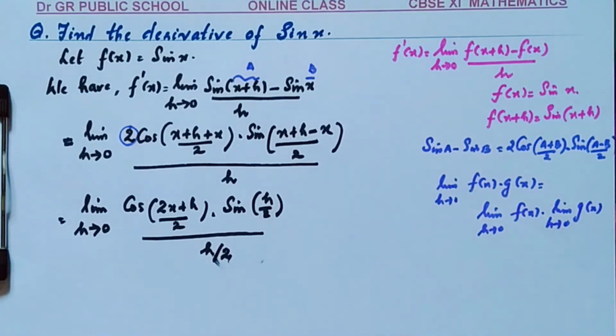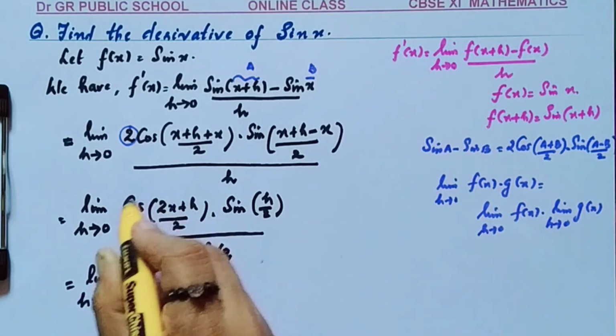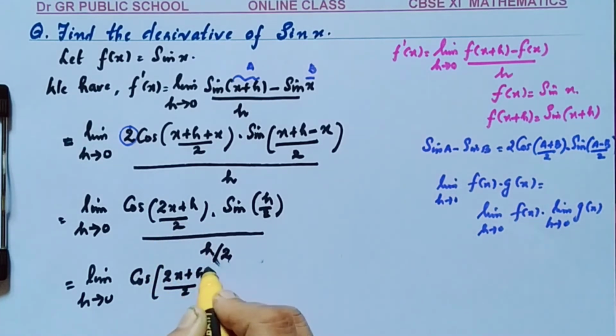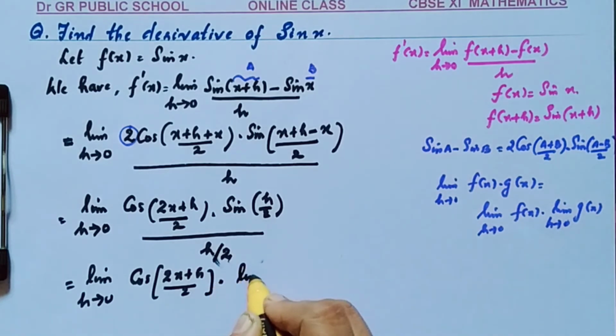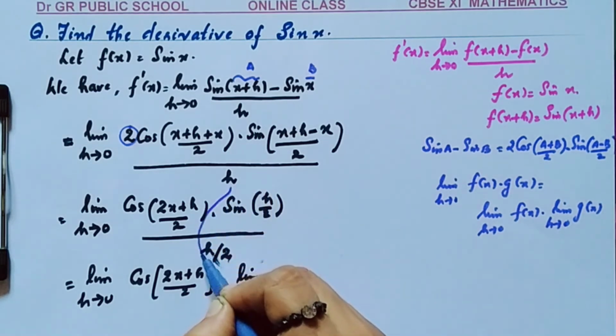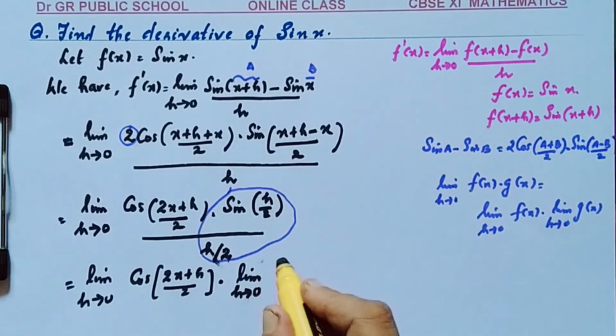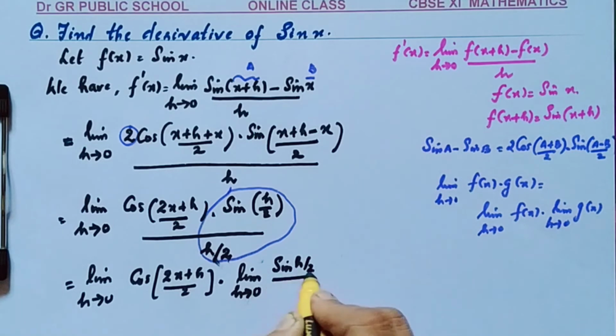So in the same way, I am going to separate this as limit h tends to 0 cos 2x plus h by 2 into limit h tends to 0. This much I am going to group together: sin h by 2 divided by h by 2.